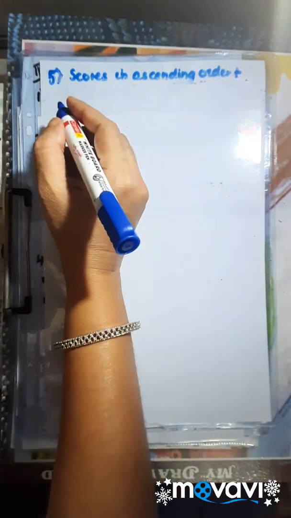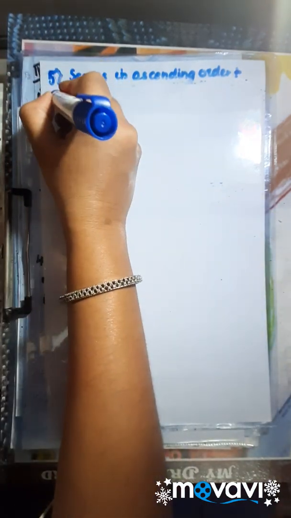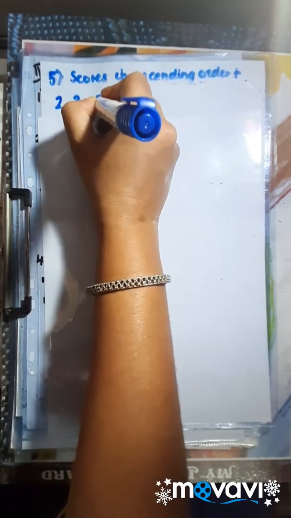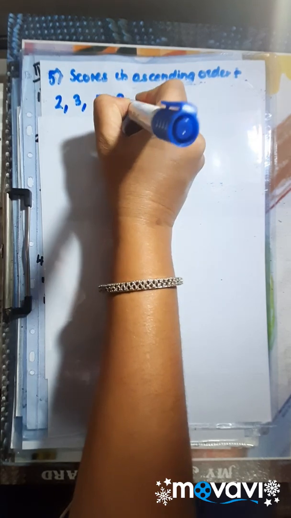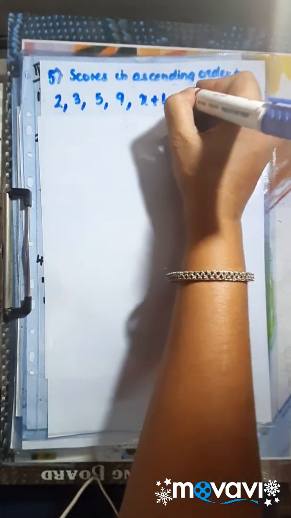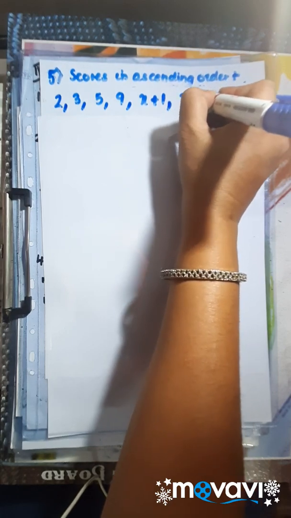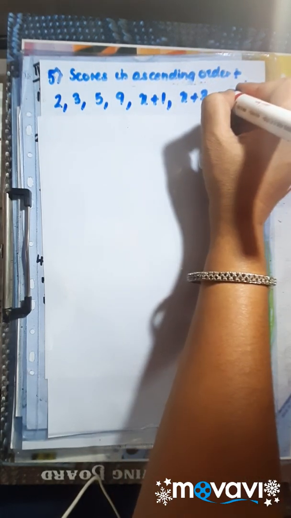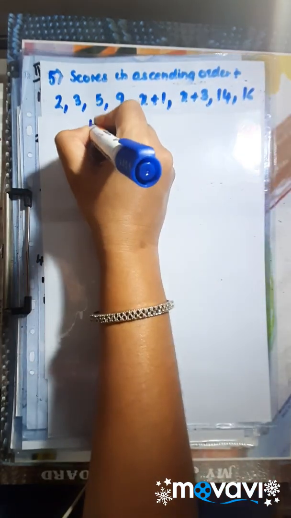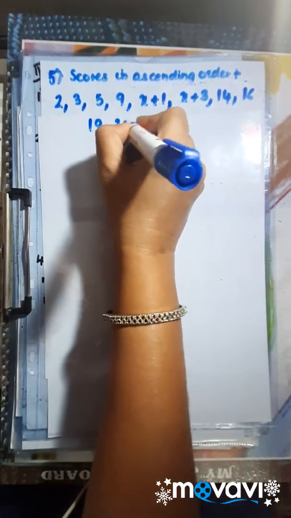Now they are telling you here that there are 10 observations arranged in ascending order as given: 2, 3, 5, 9, x plus 1, x plus 3, 14, 16, 19 and 20.